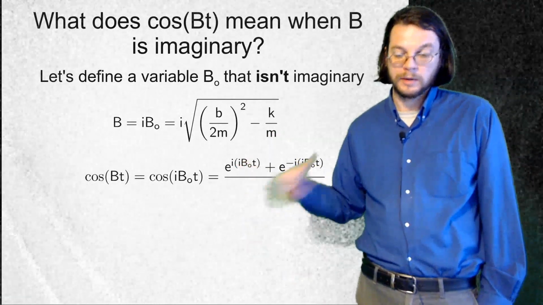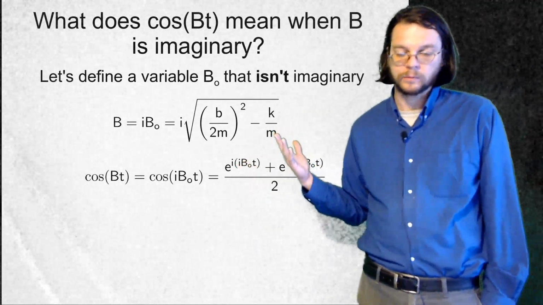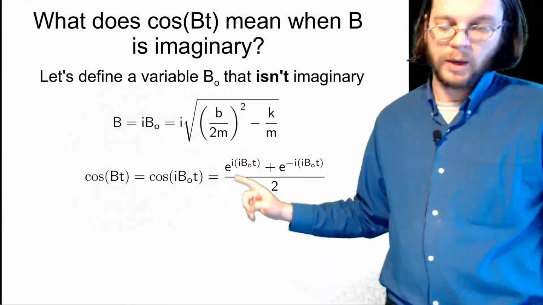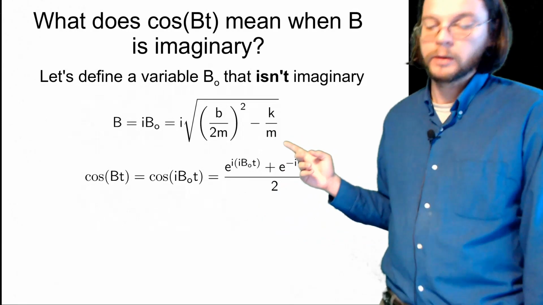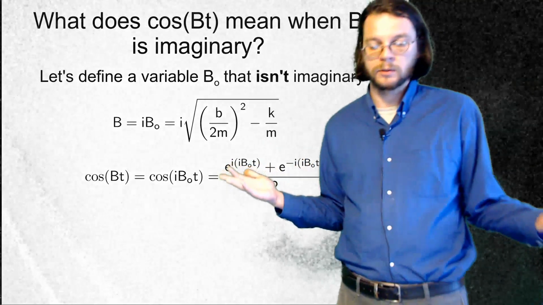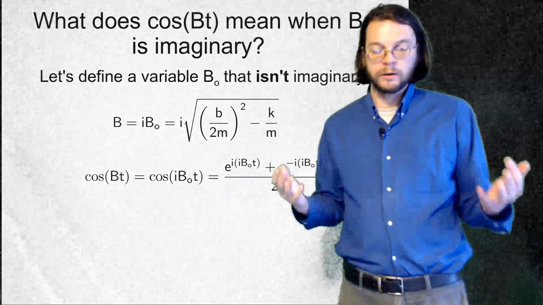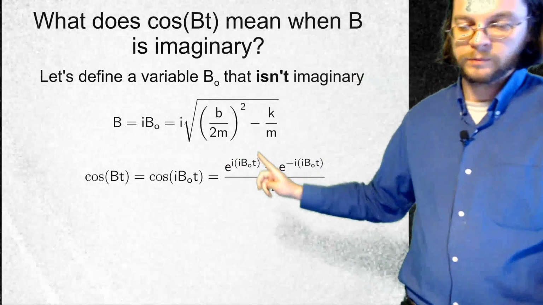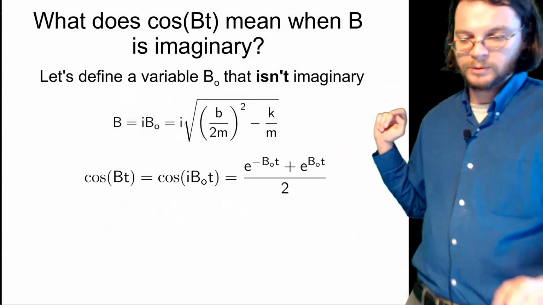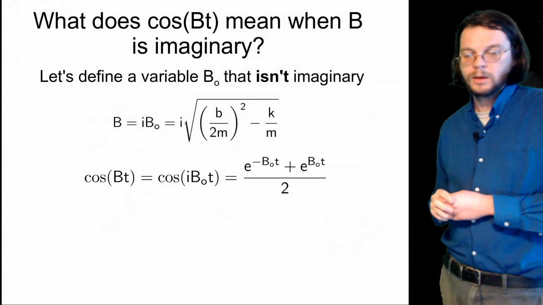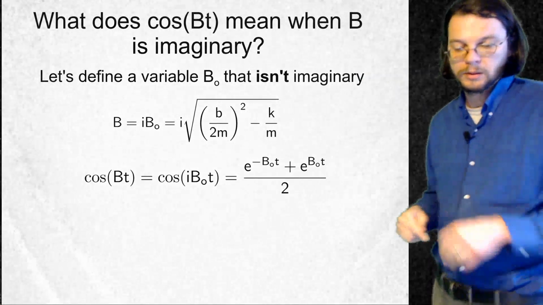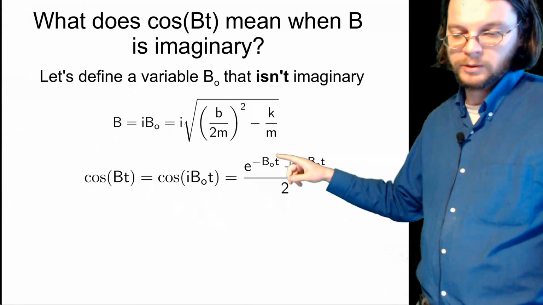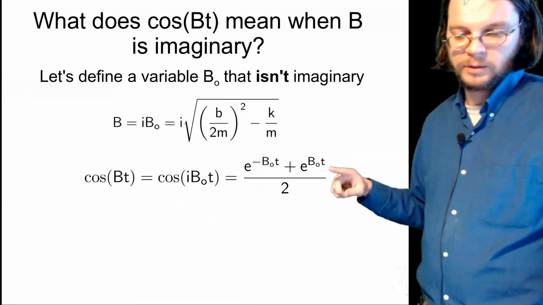Remember, our b0 is an actual real number. And this is interesting because i times i, imaginary times imaginary. Well, imaginary is the square root of negative 1, so square root of negative 1 squared is just minus 1. And so this becomes that. And now you can kind of see why we don't get oscillations. We just have this decaying thing and this growing thing.